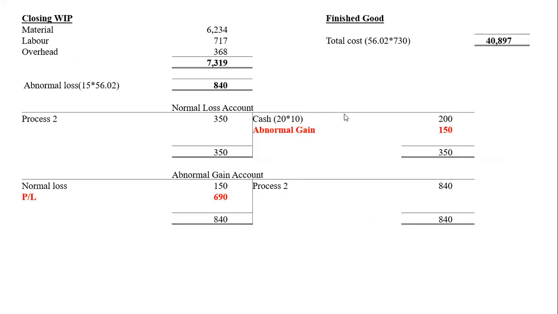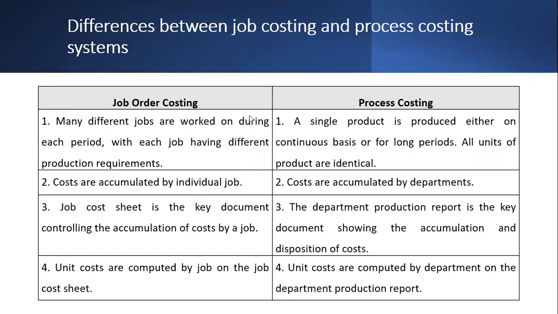And I would like to quickly go to the last slide before starting CVP analysis, that is today's lesson. You are required to distinguish the process costing system from the job costing system. We learned job costing a couple of weeks ago.